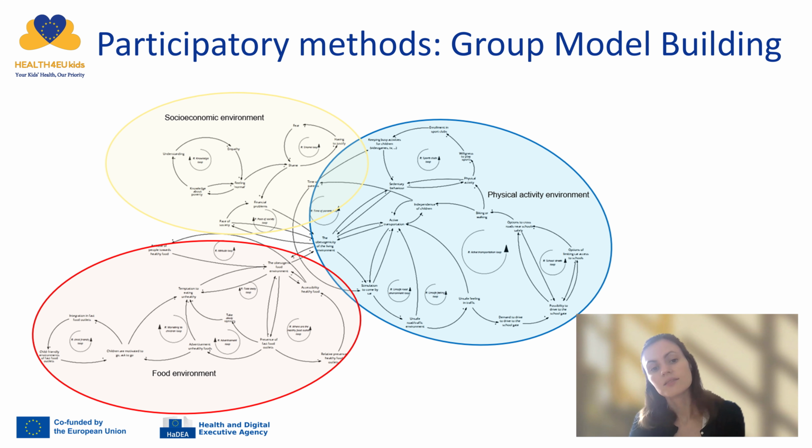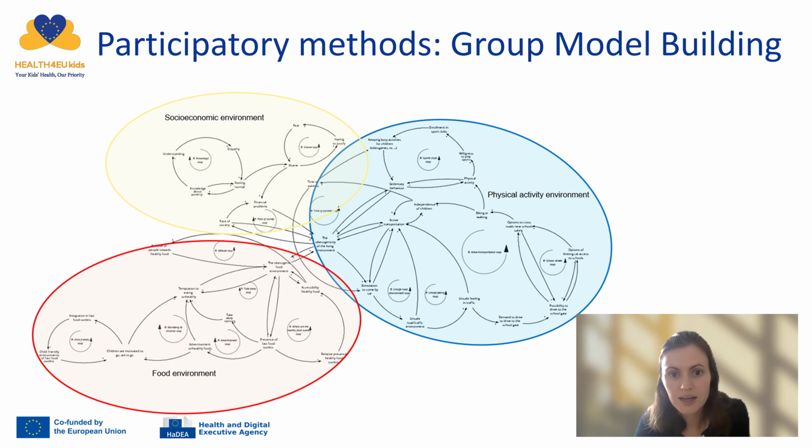So as you can see, the obesogenicity of the living environment is the central variable in this causal loop diagram. And the stakeholders identified 3 main environments, which were the food environment, the socioeconomic environment, and the physical activity environment. But this visualization helped them to understand that all of these environments are linked to one another, and it's not limited to just these environments.